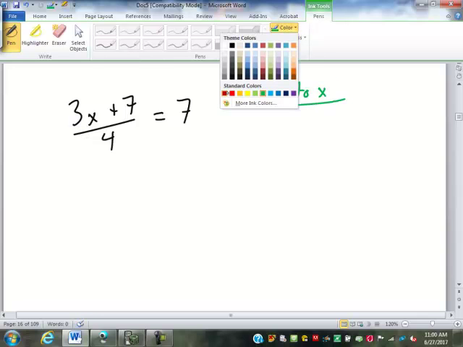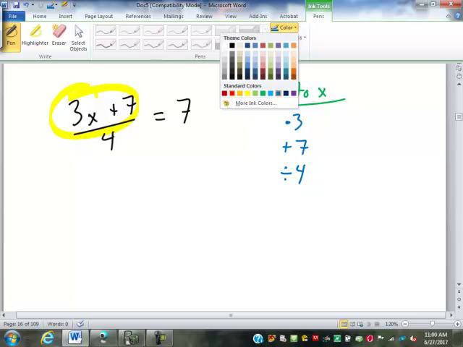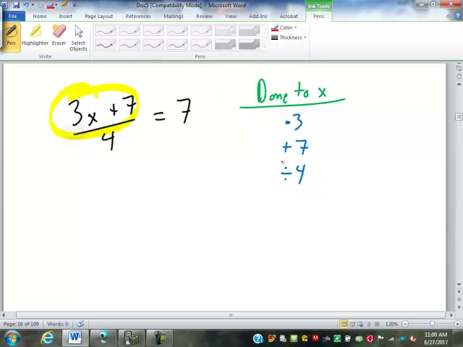If x were a number, the first thing that was done to it is it was multiplied by 3, right? Then what? Added the 7. We have to do everything on top first, right? Then the whole works was divided by 4. So to take that apart, we have to reverse that process.